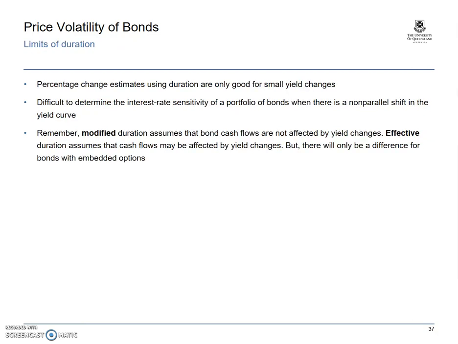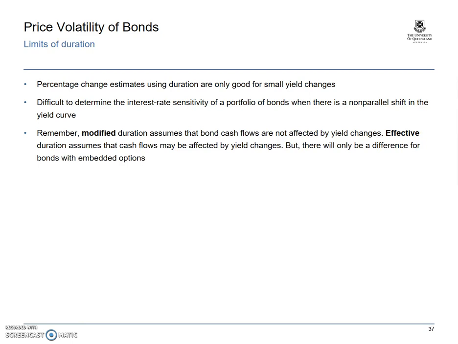One of the things we should warn, though, is that duration and convexity have some limitations. As we saw in the previous example, using duration and convexity helps us to estimate the potential change in price, but it's not exactly accurate. But it's obviously better to use than nothing.